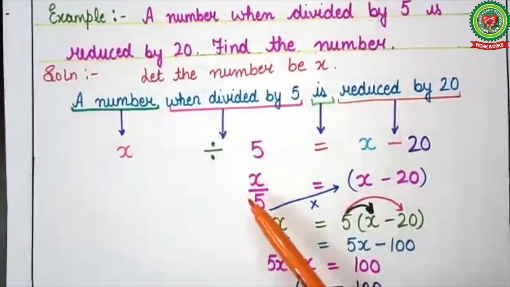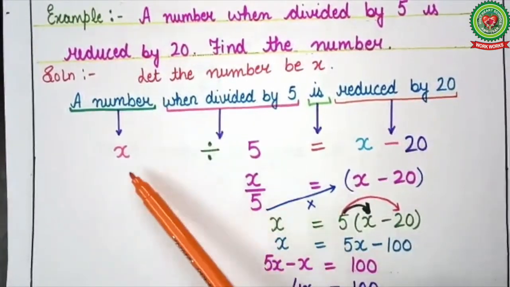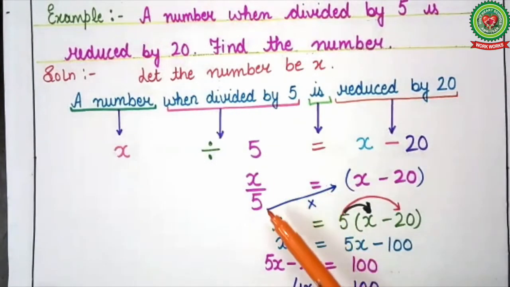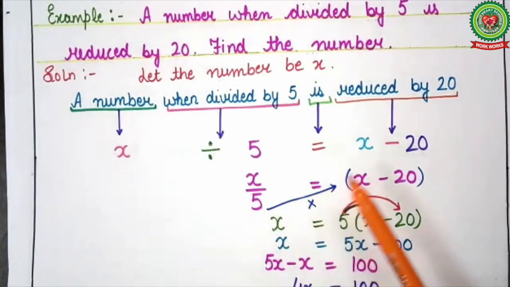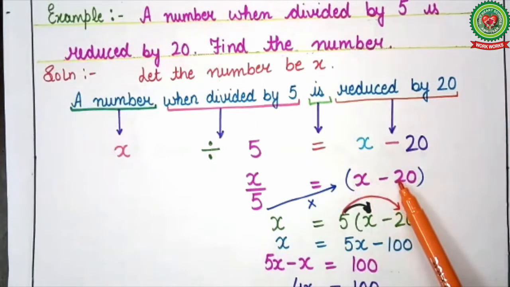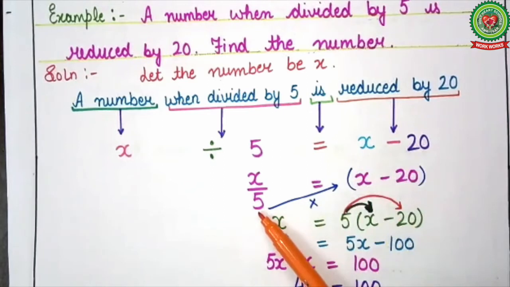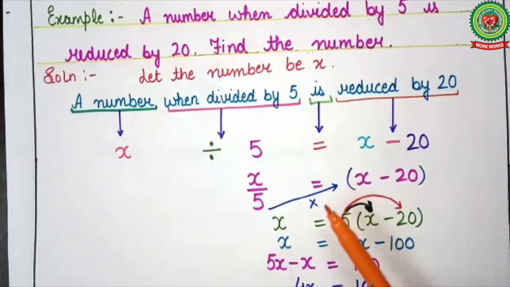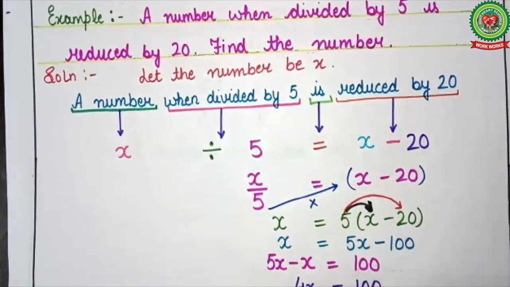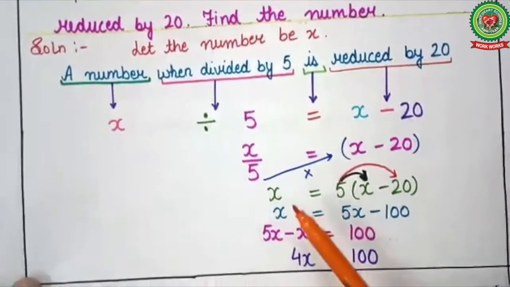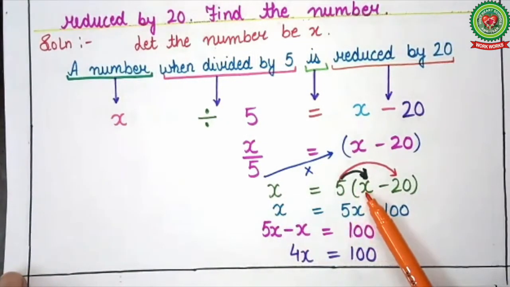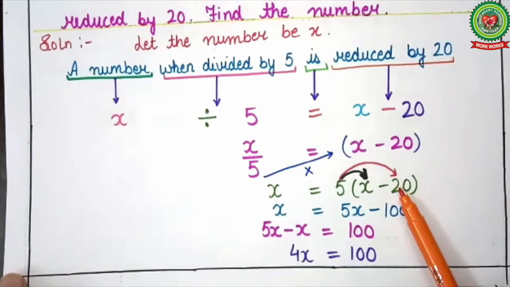So here what will come in the next step? x upon 5. We know divide we can write in fraction also. x upon 5 equals to x minus 20. Now 5 we are dividing here. When we shift it towards the other side, here the multiply sign will come. So here x equals to 5 bracket x minus 20.